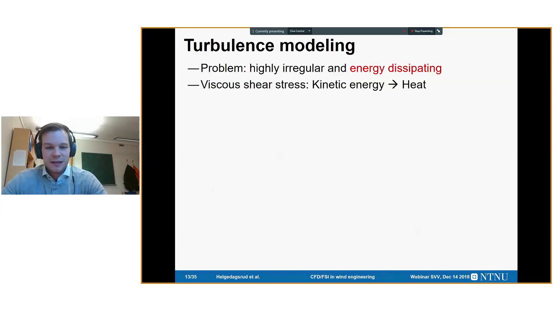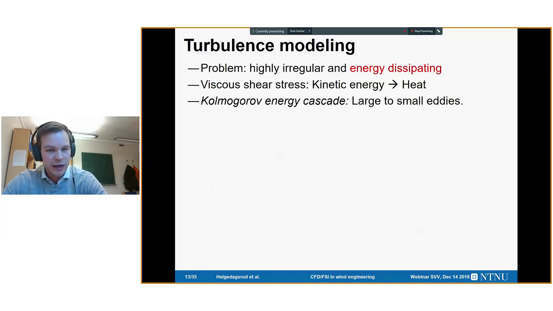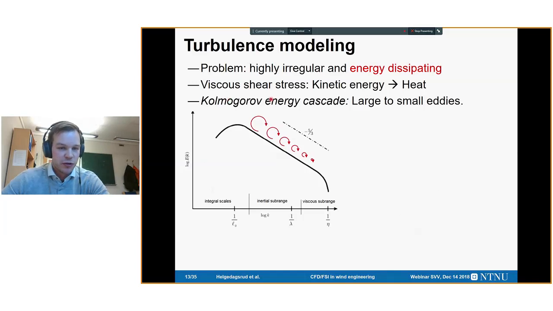And this dissipation follows the so-called Kolmogorov energy cascade, where large turbulent structures transfer into smaller and smaller structures until you hit the viscous subrange, where the rest of the energy is killed. So this is the logarithm of the energy. You have the wave numbers here. So the majority of the energy is for the large structures.